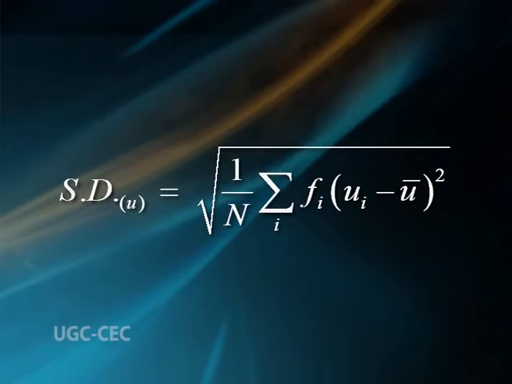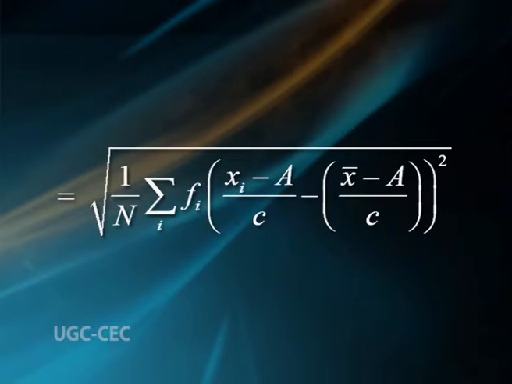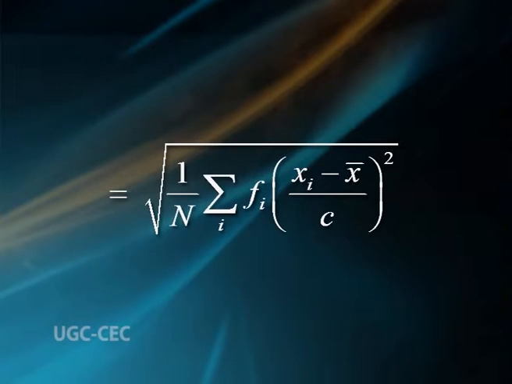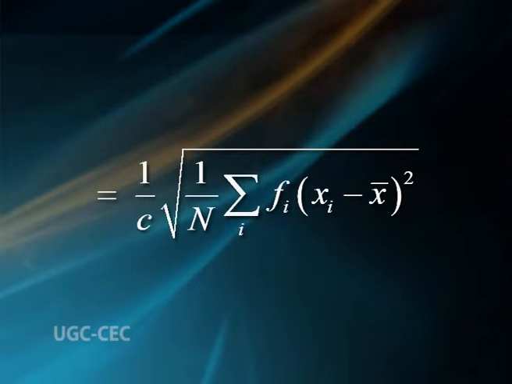Then standard deviation of u values, SD of u equal to square root of 1 by capital N sigma over i fi into (ui minus u bar) the whole square, that is equal to square root of 1 by capital N summation over i fi into ((xi minus a) by c minus (x bar minus a) by c) the whole square, that is equal to square root of 1 by capital N summation over i fi into ((xi minus x bar) by c) the whole square, that is equal to 1 by c into square root of 1 by capital N summation over i fi into (xi minus x bar) whole square.